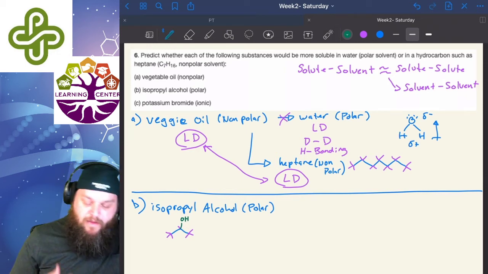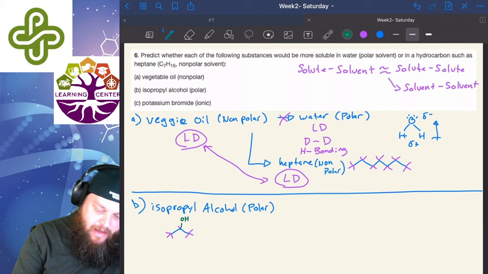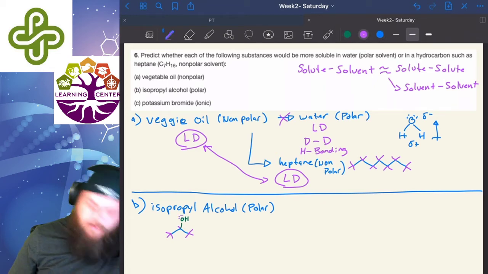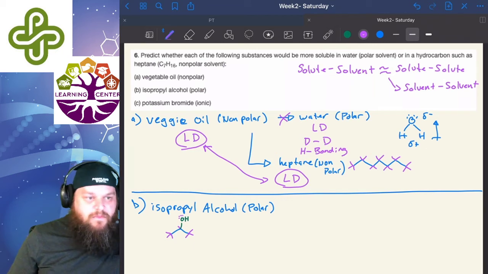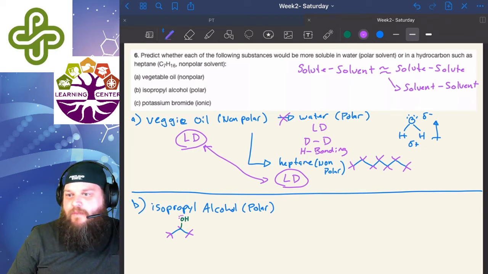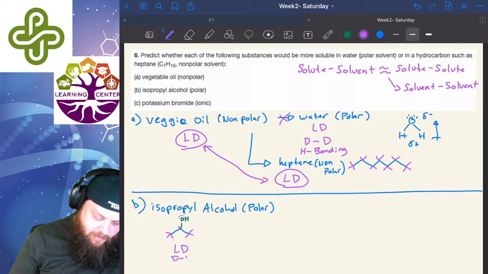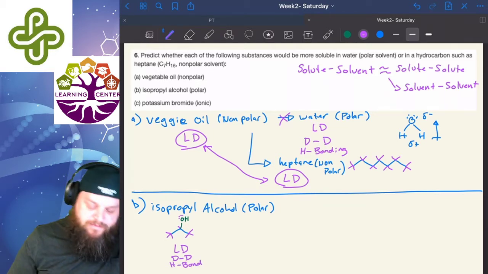This one is going to be a polar compound because of these electron densities we have around that oxygen again. It's similar to water in that way. So it's going to have not just London dispersion, but also dipole-dipole and H bonding. And the H bonding is because it has that OH group on there.